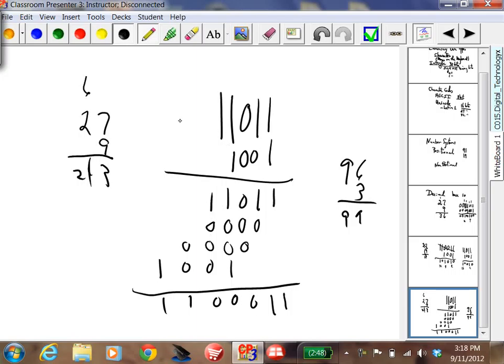1, 2, 3, 4, 5. 1, 2, 3, 4, 5. 1, 2, 3, 4, 5. 1, 1, 0. 1, 2, 4, 8.